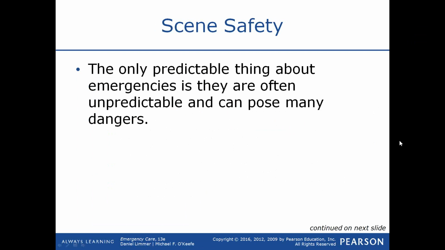And when you respond to an emergency, they can be fraught with many dangers, whether they be down power lines, leaky gases, toxic chemicals, unsafe traffic, domestic abuse, crime scene, a variety of different scenes that you need to make sure are safe before you enter.